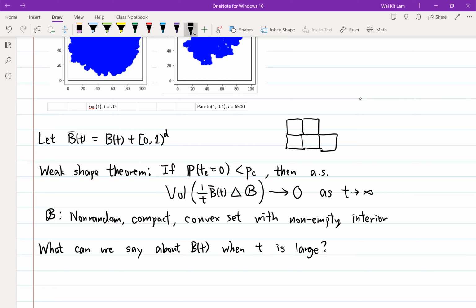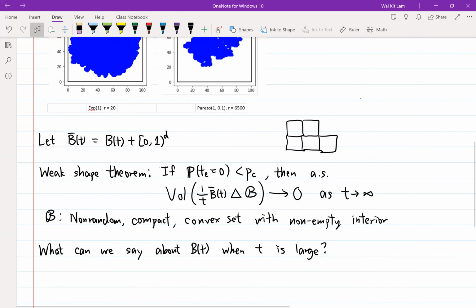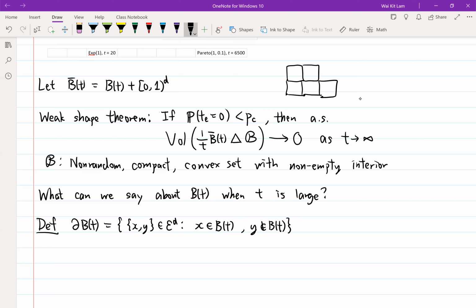Okay. So one way to understand this B_t is to look at its boundary. So let me define the boundary. I define partial B_t to be the edge boundary. So it contains all the edges xy such that one of the endpoints is in B_t, but the other endpoint is not in B_t.